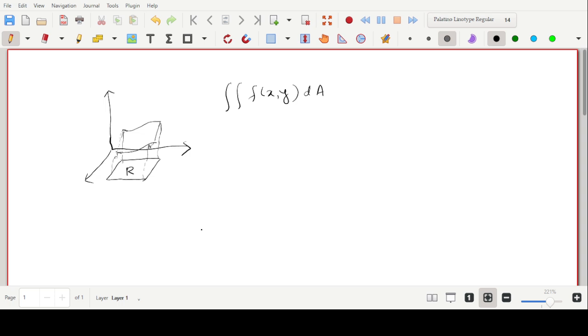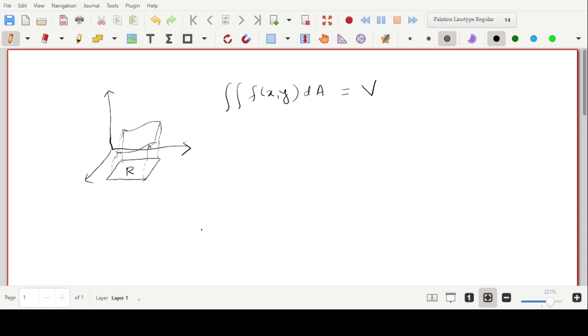This double integral actually gives us the volume of this solid that is bound below by this rectangle R, above by this graph of the function, and on the four sides by the wall that connects the rectangle below and the graph of the function above. So the geometric interpretation of double integral is that it's volume.